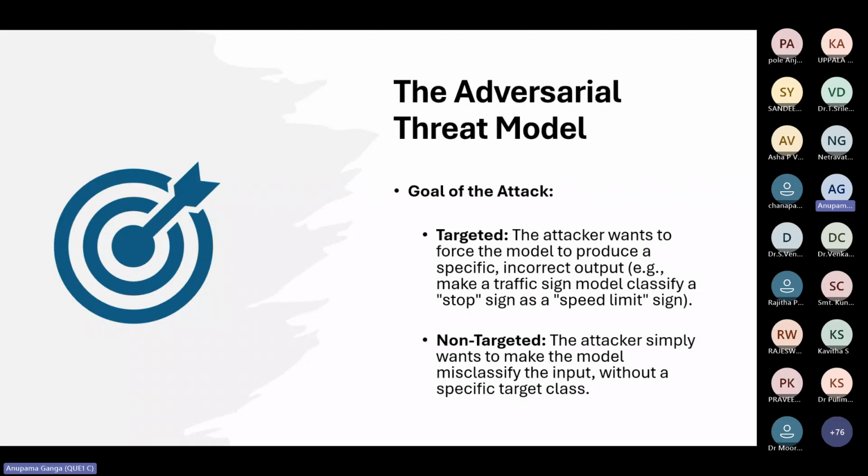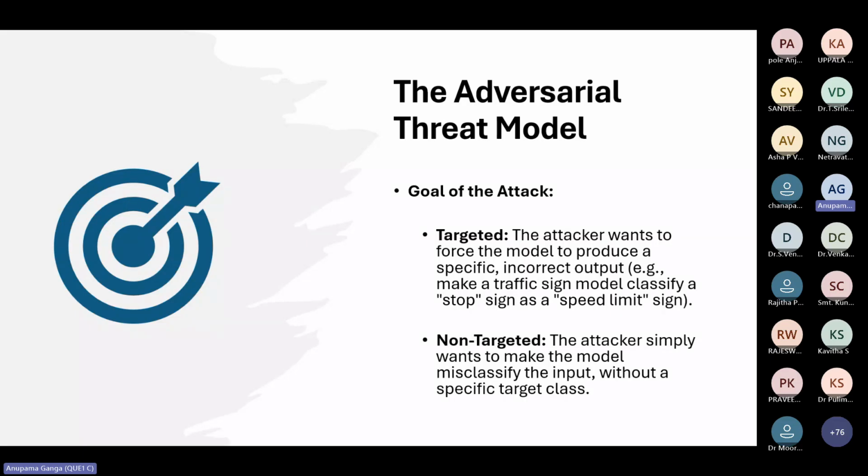Let me explain with an example. They will feed a cat photo, but they're not bothered whether the cat is classified as a cat, a dog, a car or something else.